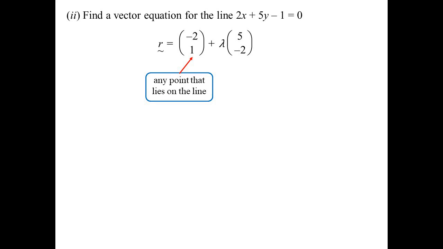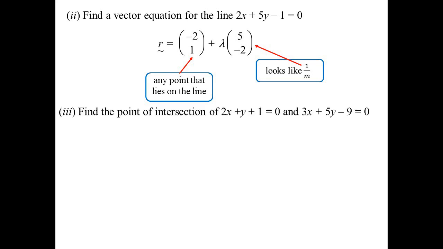So when I write it as a direction vector, it's (5, -2). So again, the first one can be any point that lies on the line. So there's an infinite number of answers for this. And then the direction vector, well, it's not actually a fraction, but it looks like it's the reciprocal of the slope.